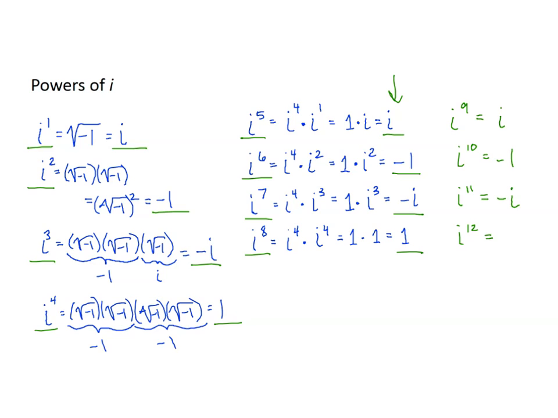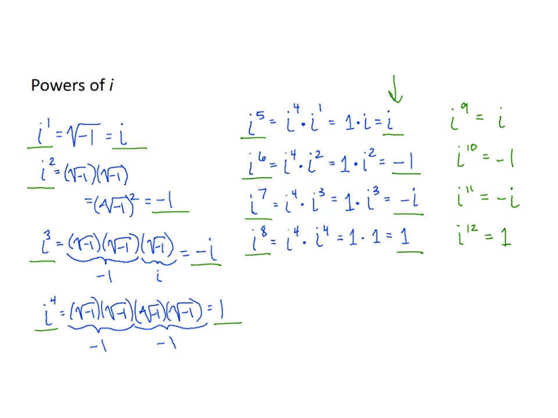This one's going to be -i. This one's going to be +1. So it repeats every 4 powers, right? 1 through 4, then 5 through 8, then 9 through 12, then 13 through 16. It's going to keep repeating. It's going to keep cycling through.